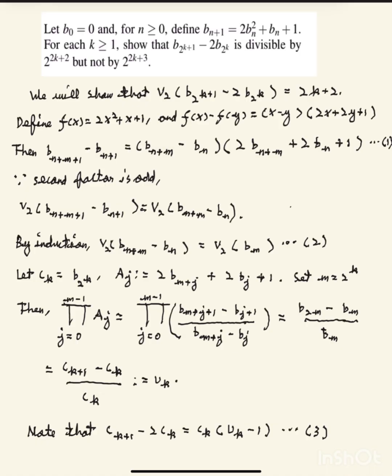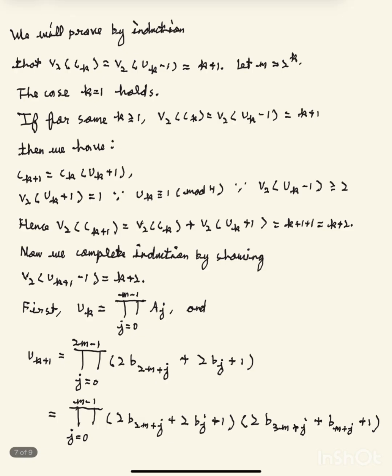Then we rewrote c_k plus 1 minus 2 c_k. Then we proved by induction that v2 of c_k is equal to v2 of u_k minus 1, which is equal to k plus 1. And we let m equal 2 to the k. Then we did the induction, and we showed that v2 of u_k plus 1 minus 1 is equal to k plus 2 if v2 of u_k minus 1 is equal to k plus 1.